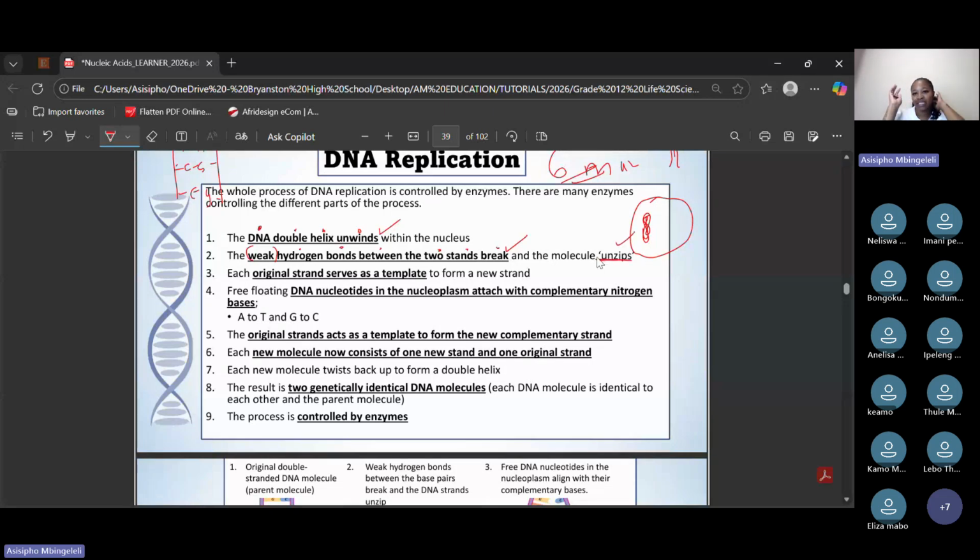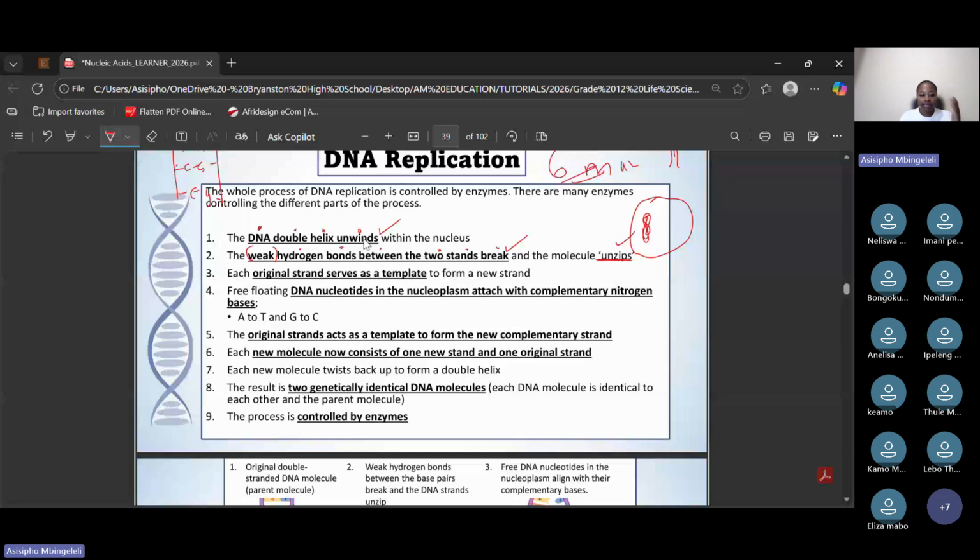I cannot help but stress this out. The words unzip and unwinds tend to be confused during exams. The molecule unwinds first. It can't unzip first, then it unwinds. So the order needs to be correct. Also, you can't say the bonds are going to break and then the molecule unwinds. No. If you are baking cookies, I don't know how to bake, but I'm trying to think.